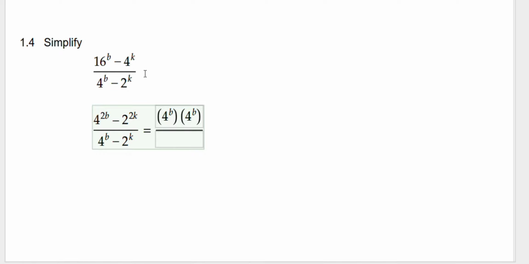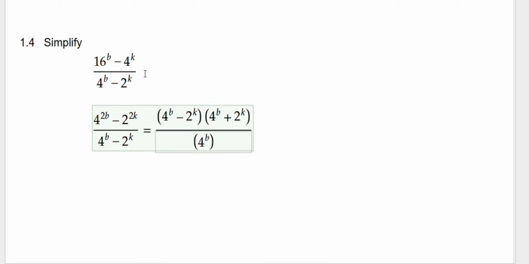For a perfect square, you know that it is negative and positive, same with this one: 2 to the power k, and this side is going to be 2 to the power k. So let's put the numerator inside the brackets, which is going to be 4 to the power b minus 2 to the power k.